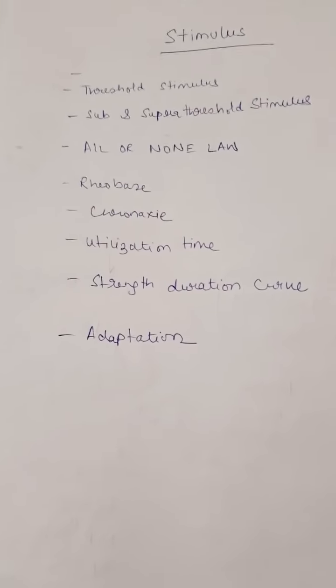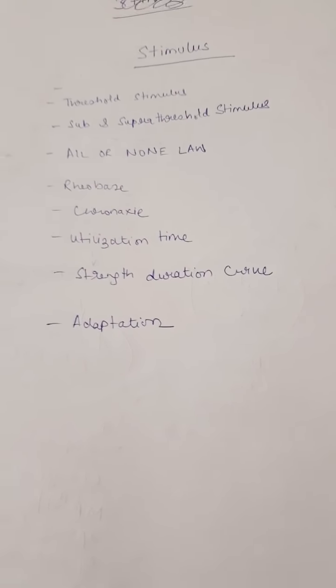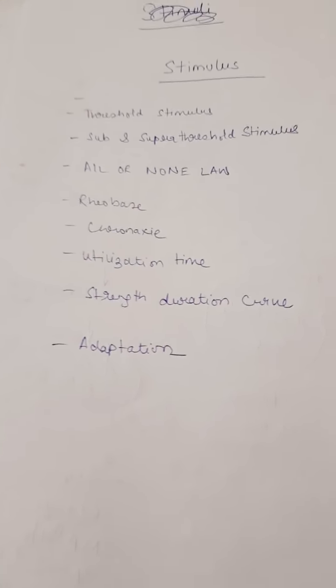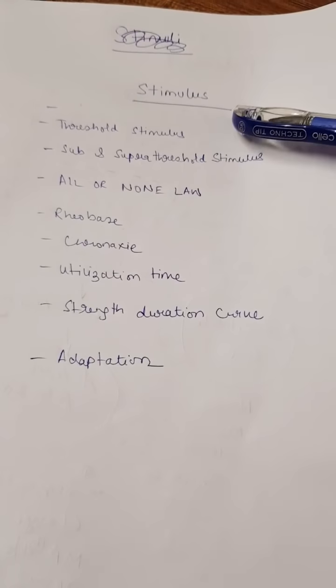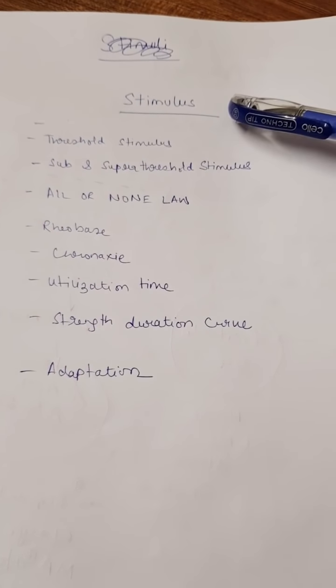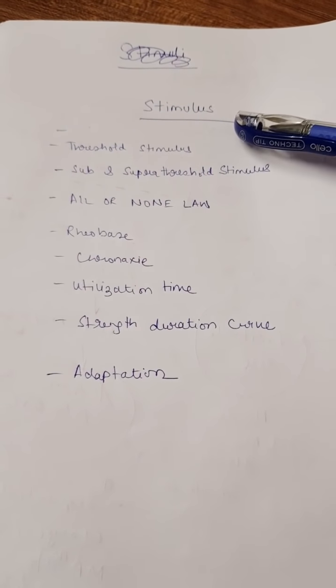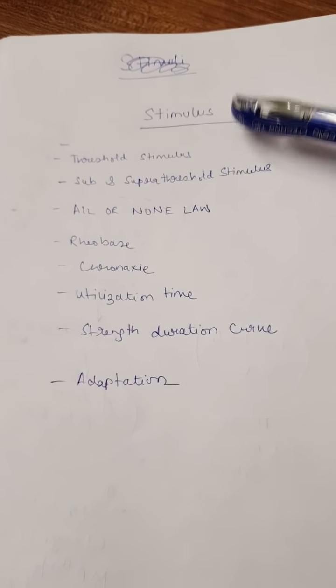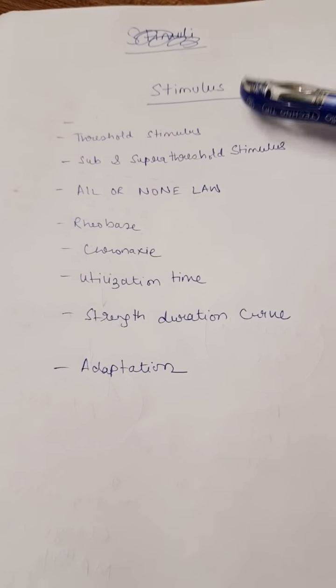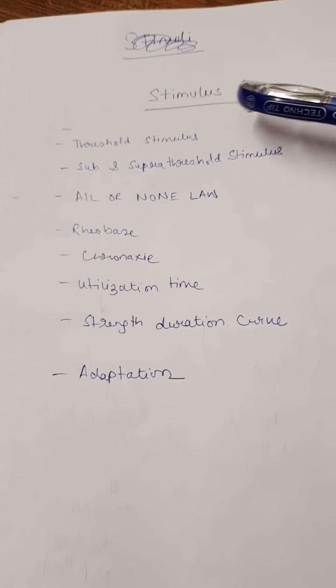Okay, so before going on to the description and the ionic basis of action potential, we need to know about the stimulus. When a stimulus is applied to an excitable cell, that will lead to production of action potential if the stimulus is of threshold intensity.